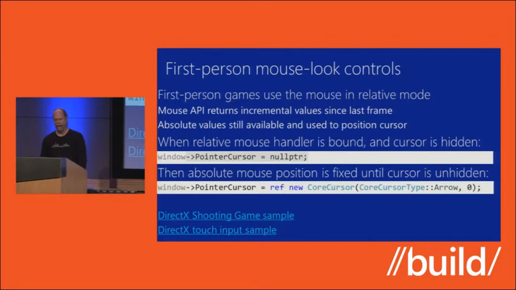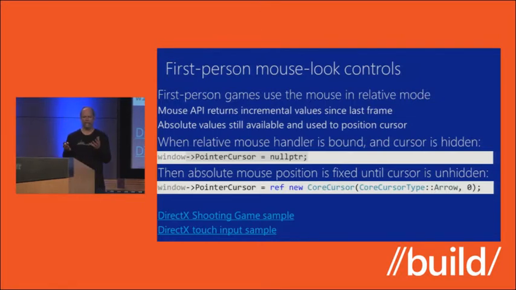Because when you're playing those types of games, the user is effectively using the mouse to steer the crosshair of the application, and the cursor is really that crosshair. So the real cursor moving around the screen is distracting and does the wrong thing. What you really want is to get back just the incremental movement the mouse made during the last frame and then sum that into your look direction.